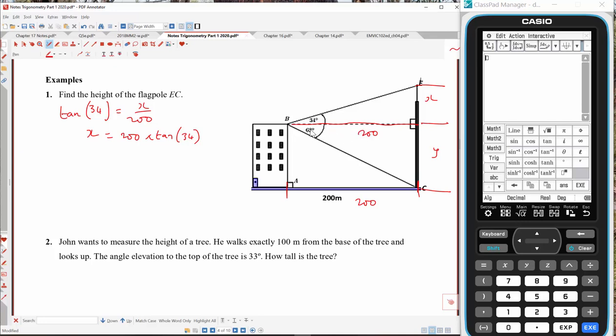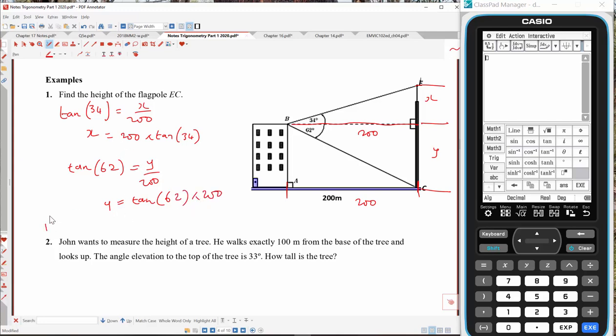That's going to be opposite over adjacent as well. So that's going to be tan of 64, oh, it's not 64, 62, equals the opposite over the adjacent. That's going to be y equals tan 62 multiplied by 200.